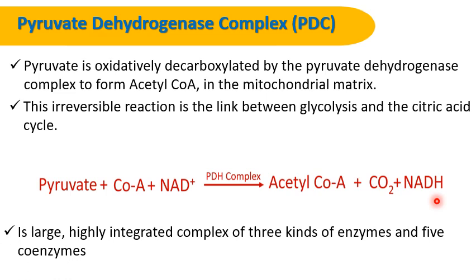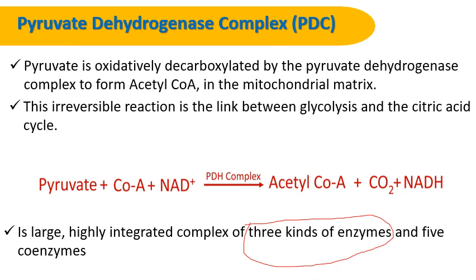And we are saying that this pyruvate dehydrogenase complex is a highly integrated complex of 3 kinds of enzyme and 5 coenzymes. We are just saying that there are 3 kinds of enzymes, okay? And there are also 5 coenzymes.